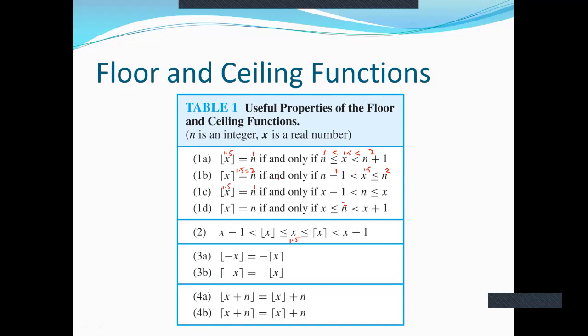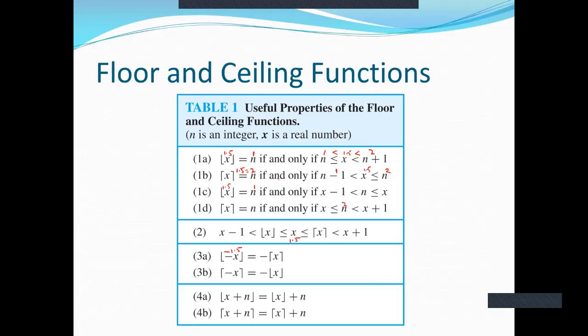The third property is, if you take the floor of a negative value, that is equivalent to the negative outside and the ceiling of the function. Let's say for example x is negative 1.5. So what will be the floor of this negative 1.5? The floor of negative 1.5 is negative 2, right?